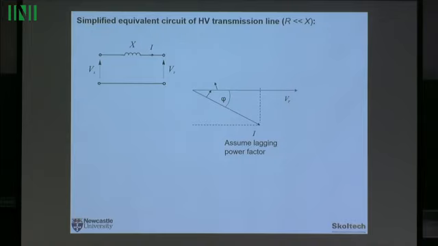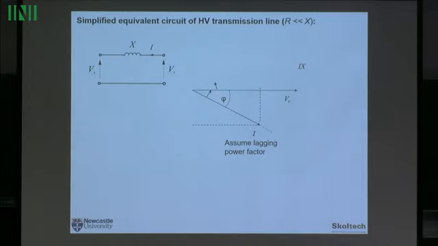Now let's try to calculate, build up, the voltage Vs. So Vs will be VR plus the voltage drop on the inductance X. But remember that the voltage drop on the inductance X is 90 degrees ahead of the current.